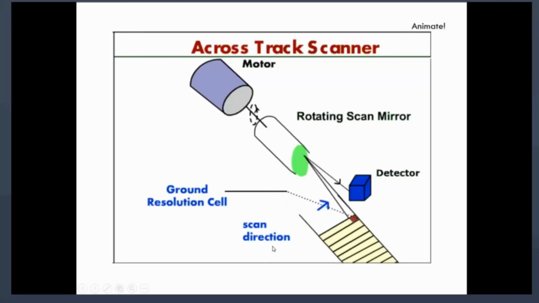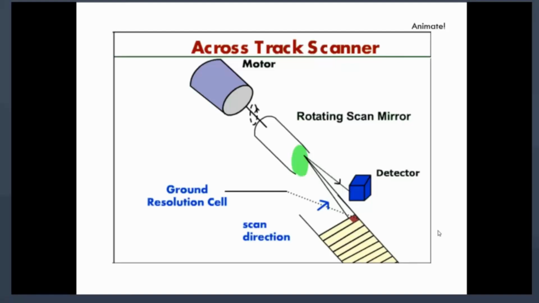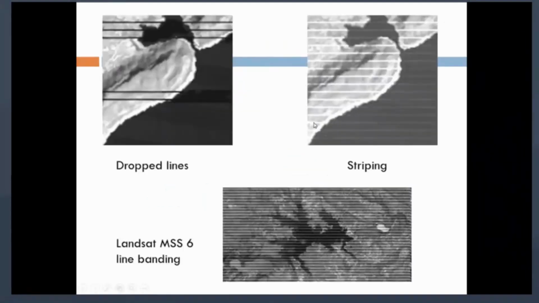You'll have striping in the across direction, this way. The same case is shown here. This is Landsat. You can see dropped lines, and then a regular kind of striping which will occur. This is a bigger portion of the picture, a part of it is shown here. So you can see a complete set of banding is observed in the data. This is for a cross-track scanner.